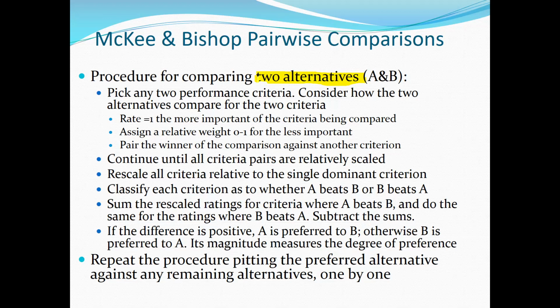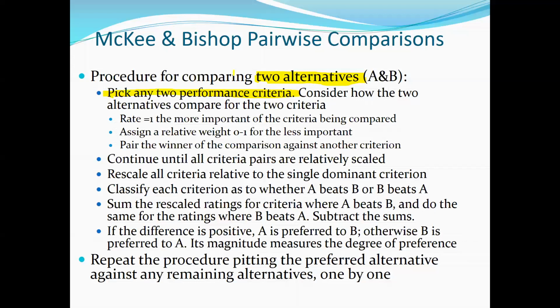Now, the procedure for comparing two alternatives, A and B, is to pick any two performance criteria and consider how the two alternatives compare for the two criteria.